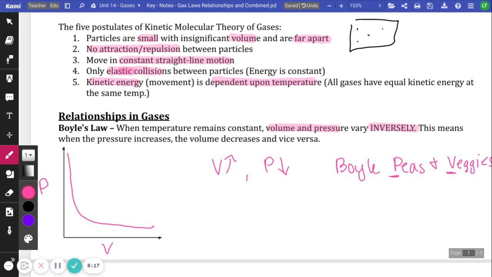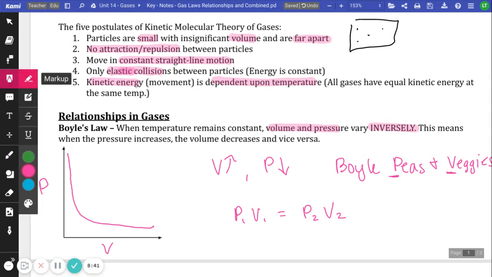I'm going to show you all the equations, but really we'll use the overall equation that combines all of them together. The law for Boyle is P1 V1 equals P2 V2: pressure 1 times volume 1 is equal to pressure 2 times volume 2. So again, Boyle's law relates pressure and volume, and they are inversely related.